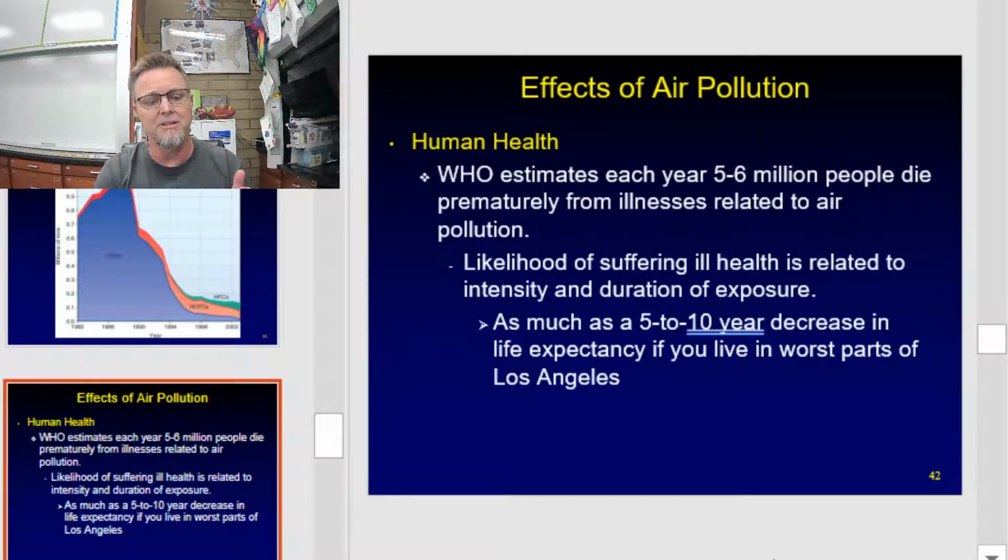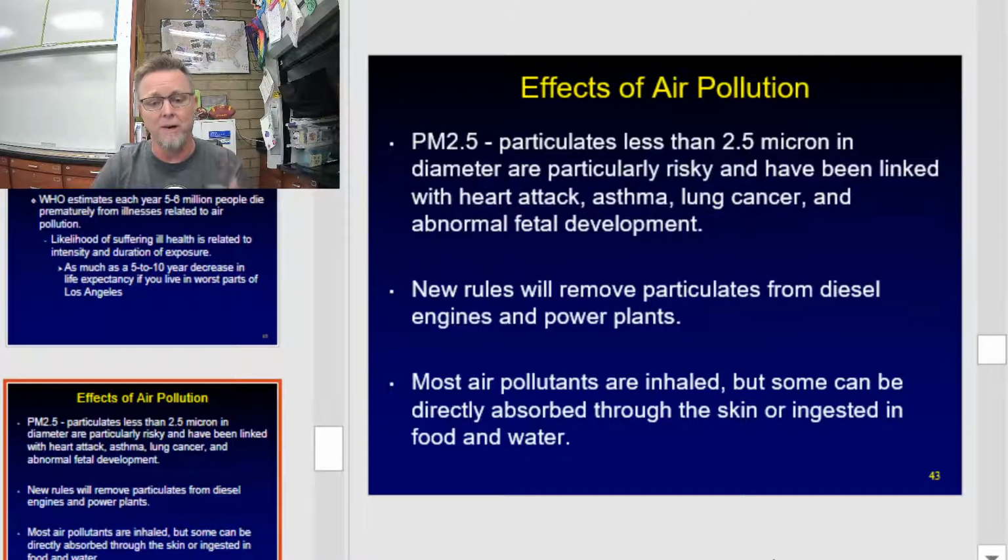The likelihood of suffering ill health is related to the intensity and the duration of your exposure to air pollution. You can have as much as a 5 to 10 year decrease in life expectancy just by moving to LA. Sorry, LA, but you got bad air. So there you go. As much as a 5 to 10 year decrease in life expectancy. Wow, right? Where does that come from?